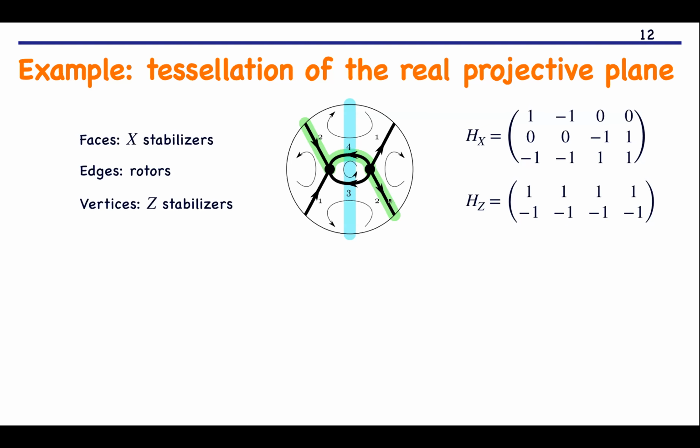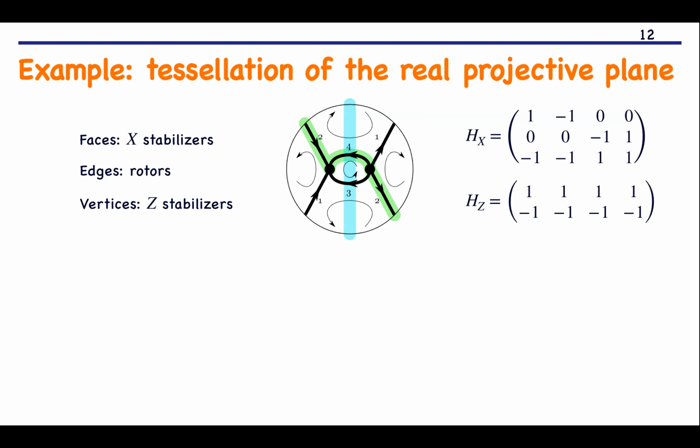So this edge here is the same as here, and this edge here is the same as here. And we put rotors on the edges. The faces will be X-like stabilizers, and the vertices would be Z-type stabilizers. Notice that it's important to also take an orientation of the faces.